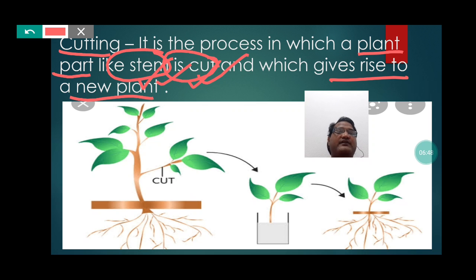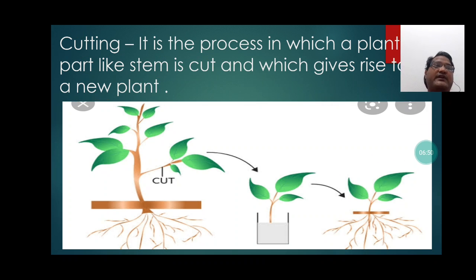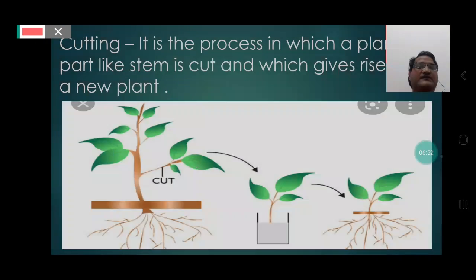So students, now let's understand the process of cutting with the help of this picture.